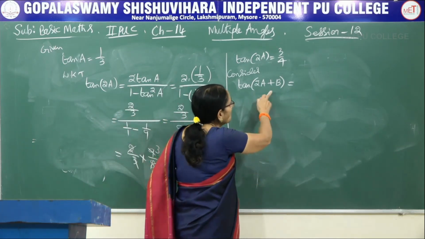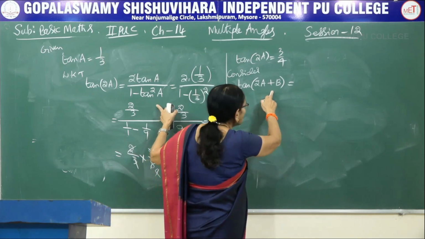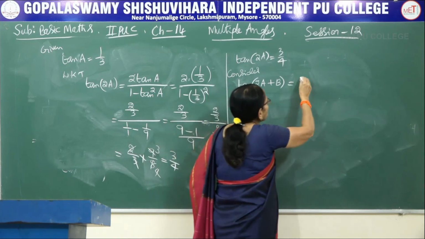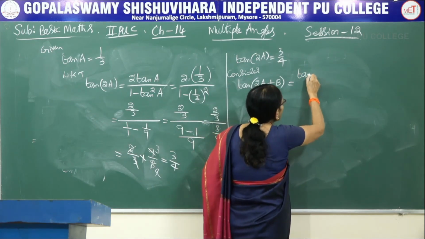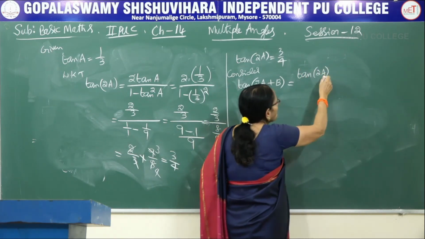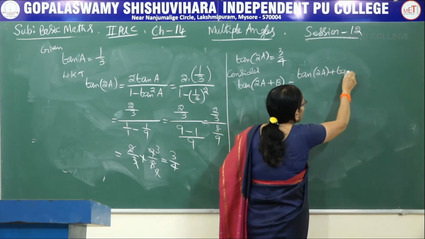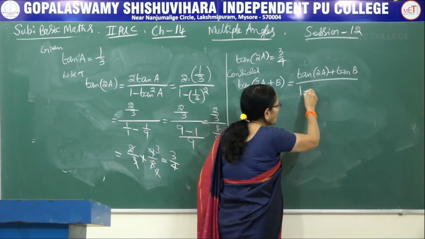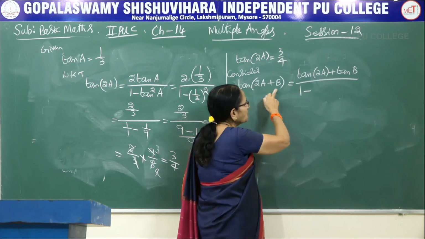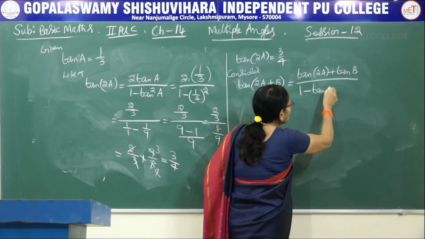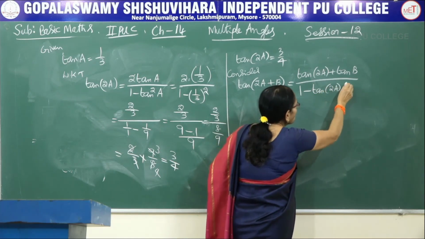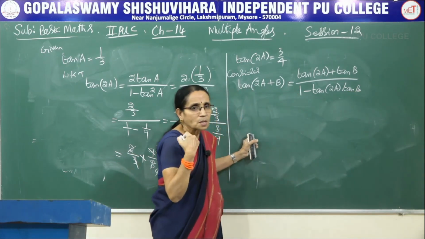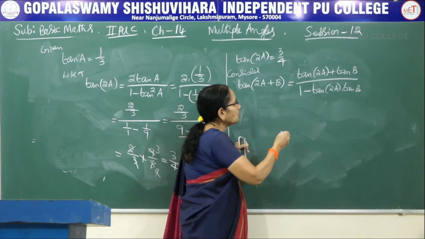Now I made use of the multiple angle formula, and I am making use of the compound angle formula. So this is the tan of a plus b formula: tan of a plus tan of b divided by 1 minus tan a into tan b. Here it is tan of 2a plus tan of b divided by 1 minus tan of 2a into tan of b. So after making use of the multiple angle formula, I am using the compound angle formula.